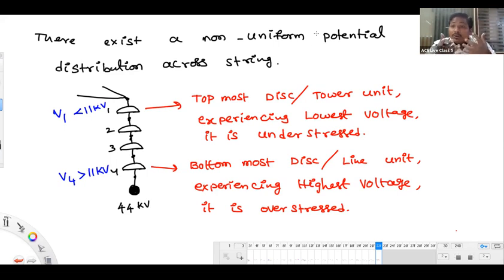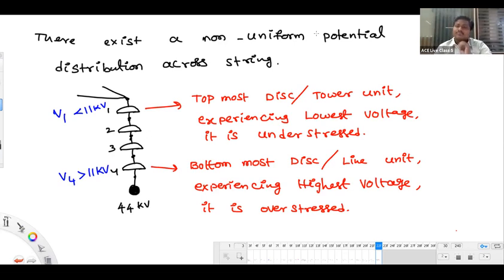To express this, we are introducing one term called string efficiency. What is it going to tell you? String efficiency will tell about the utilization of the disks in the string. How far you are utilizing the disks in the string will be given by the string efficiency.